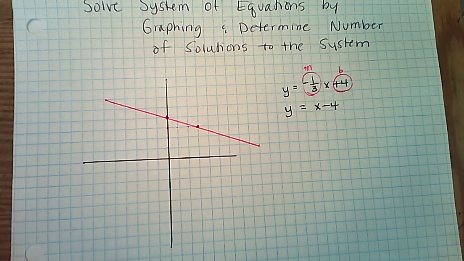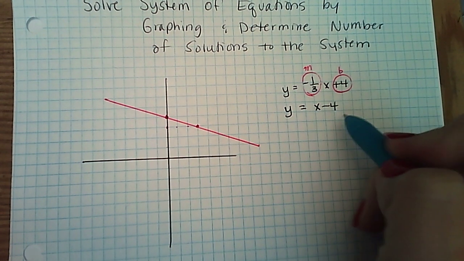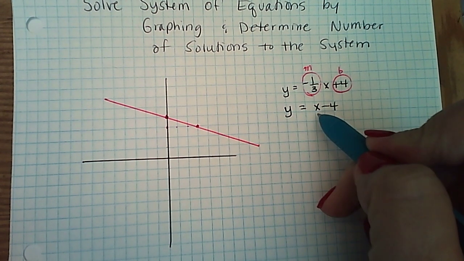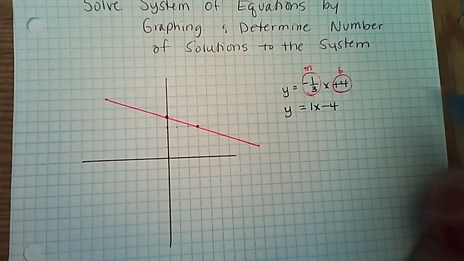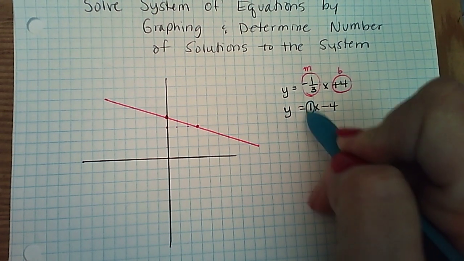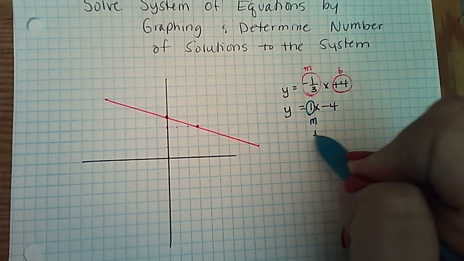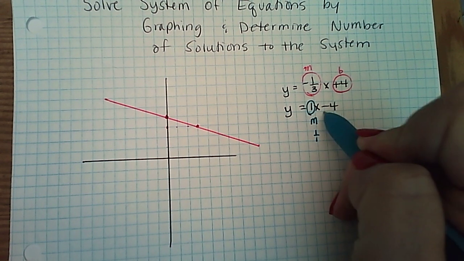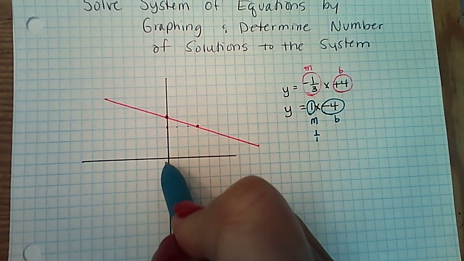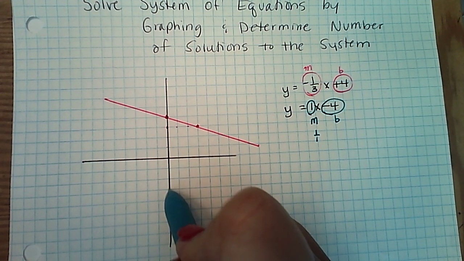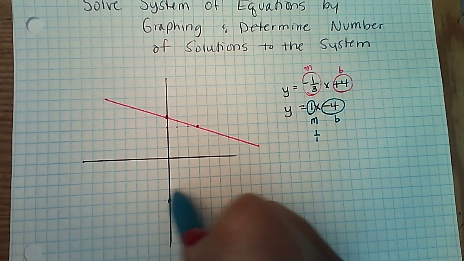So now we're looking at our second equation. Again, what number's in front of the x? Exactly, it's my slope, and it's a 1. So here my slope is 1, which means 1 over 1. My intercept is negative 4, or my b. So I come to my negative 4, 1, 2, 3, 4, and I'm going to go up 1 and over 1.